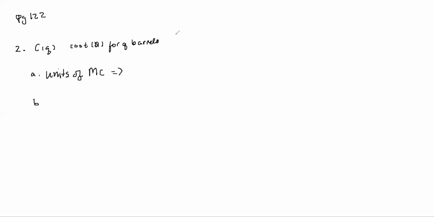Okay, so barrels is going to be the units for Q, so the quantity of barrels of olive oil. What we're looking at with marginal cost is a change. Let's explicitly write this out.